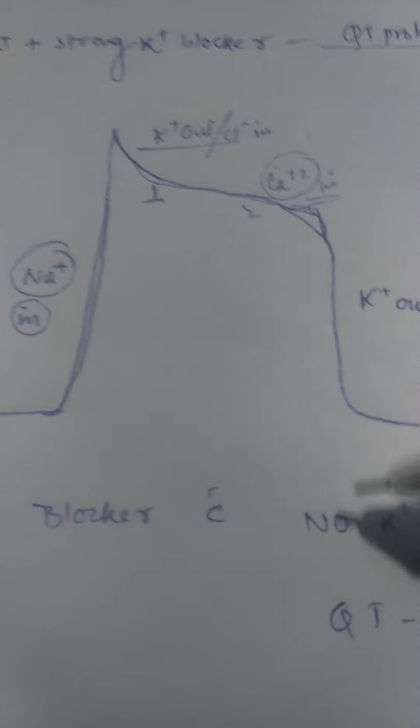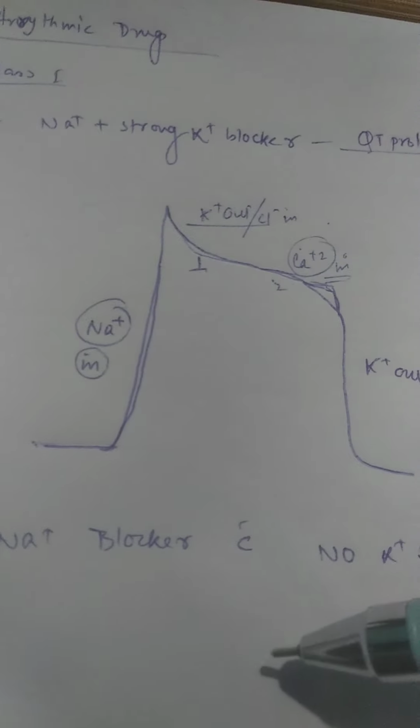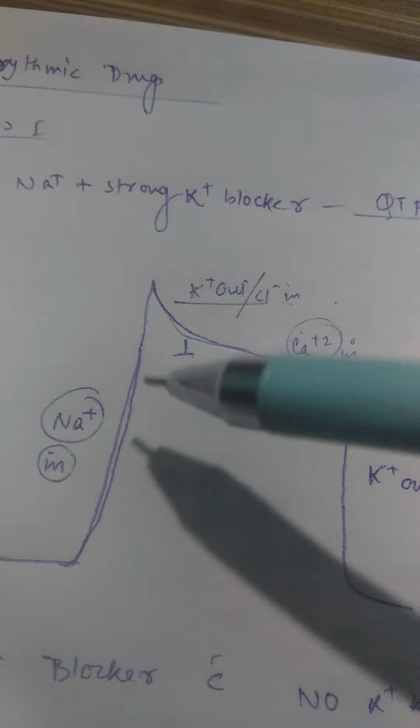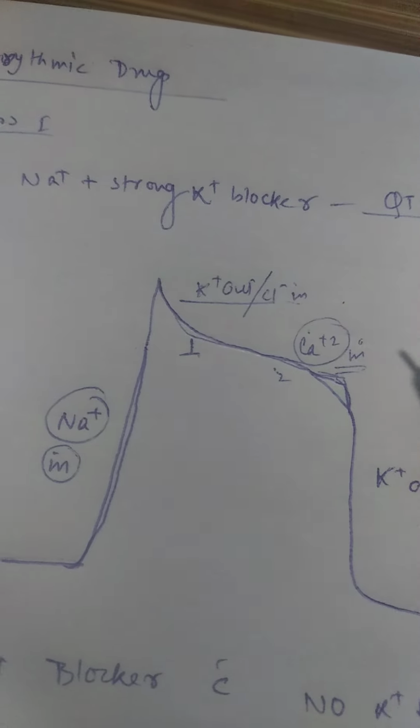Now you guys know about the action potential, how it is generated. This curve is generated due to sodium ions going into the cell, so definitely it is going to cause depolarization. The first phase of this curve is called phase 0.